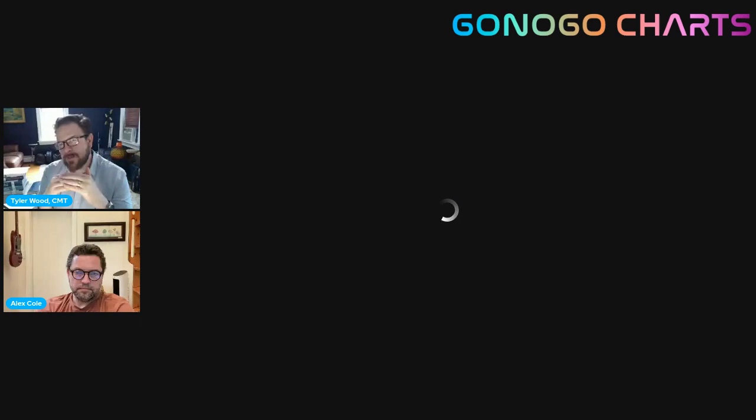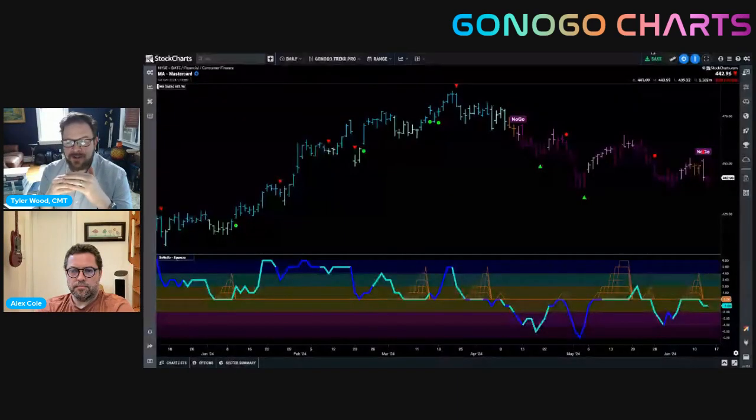And if the investors out there are thinking about trend continuation in NoGo charts, whenever the oscillator comes back up, the zero line can act as a resistance area for momentum. So once we've established a no-go trend, that negative momentum, when it comes back up to the zero line, is likely to find resistance.